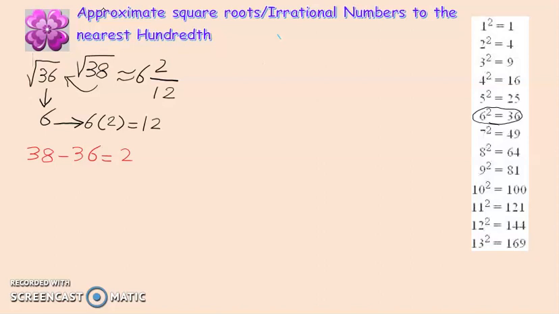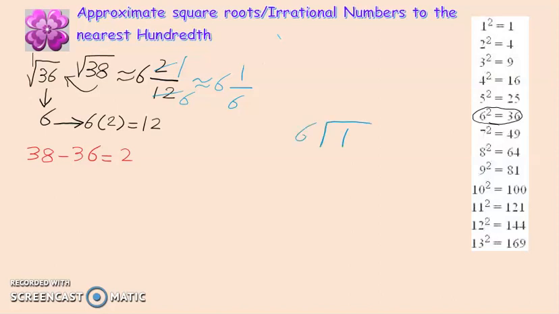If I divide top and bottom by 2, I get a reduced fraction: 2 divided by 2 is 1, and 12 divided by 2 is 6. So root 38 is approximately 6 and 1 over 6. But you have to change it to a decimal. Last step is just divide top by bottom.